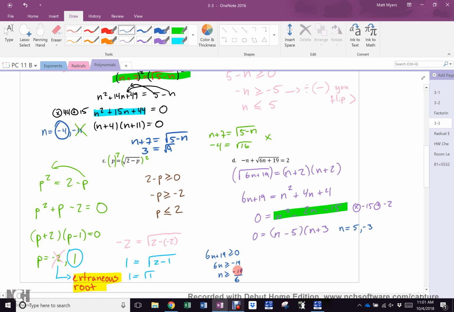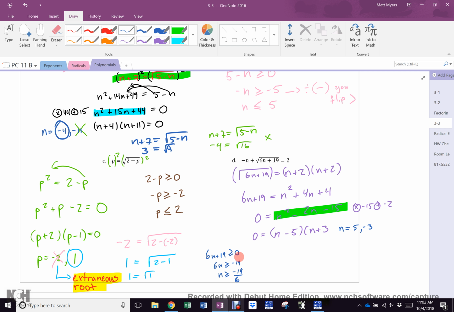It's a little bit more than negative 3, isn't it? Are both of those okay? Is negative 3 greater than a little bit more than negative 3? Is it okay? Yes or no? Yep. So our restrictions are cool, right?